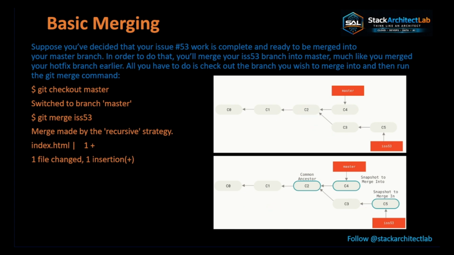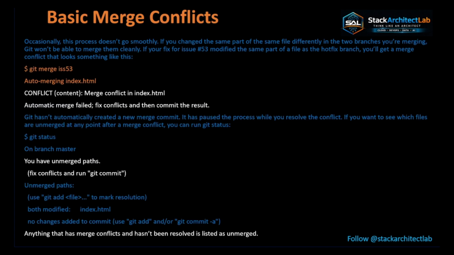Now let's see the basic merge conflict. What exactly is this basic merge conflict? Occasionally this process doesn't go smoothly, correct. When you make changes, it may be possible that some conflict can happen, and they may not be able to merge cleanly.